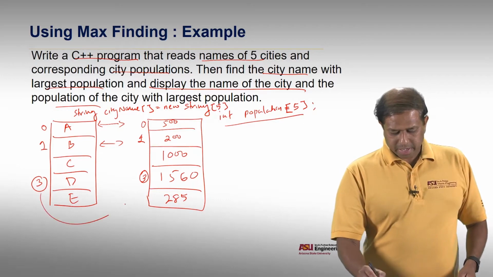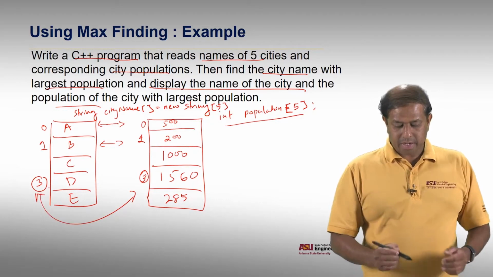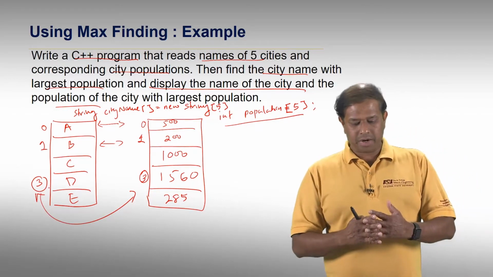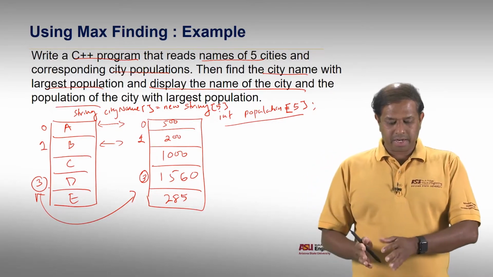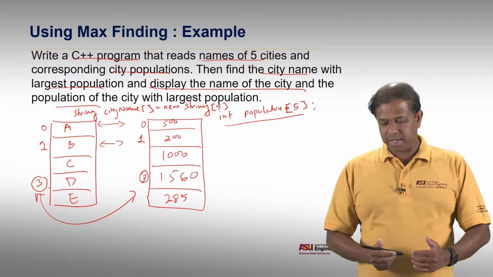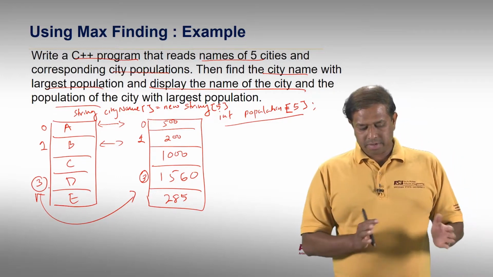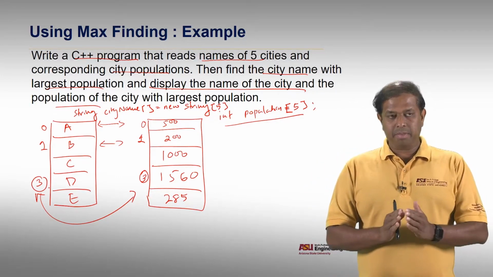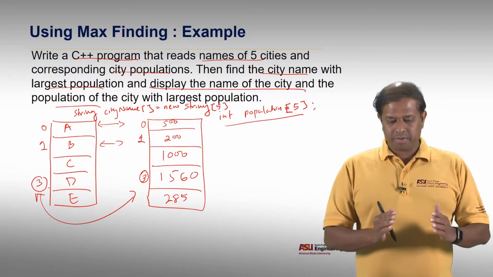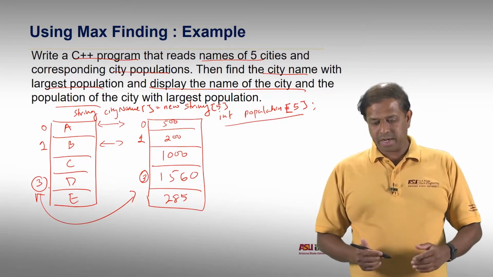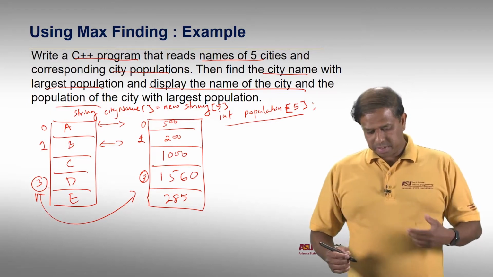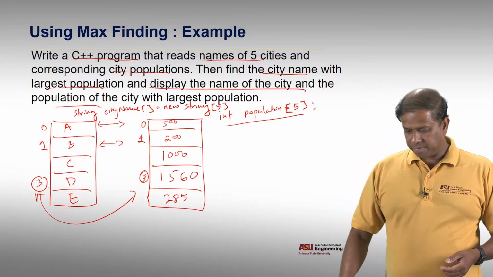Since they correspond to each other, as long as we find the index at which we find the largest population, we can use that index to get the name of the city. It's a pretty nice relationship among multiple array elements, where we have related elements stored in parallel arrays like this, right? So let's try to construct the program for it.